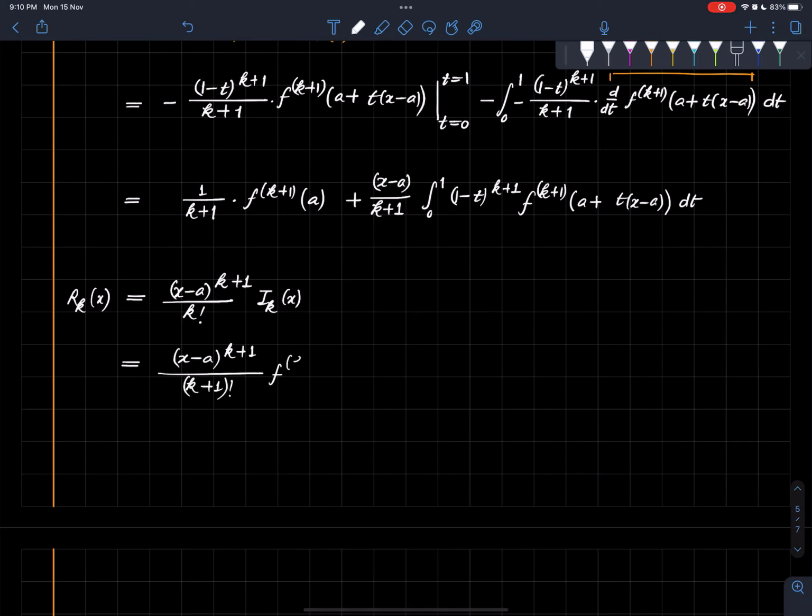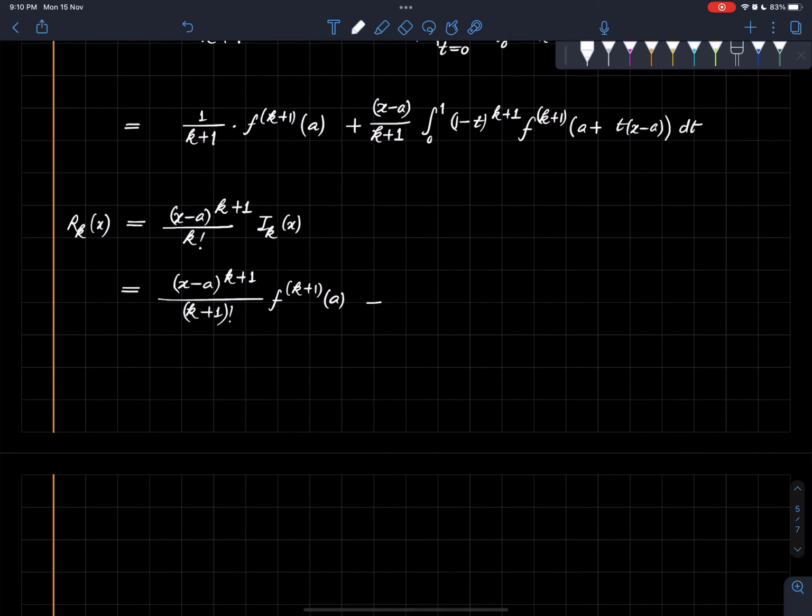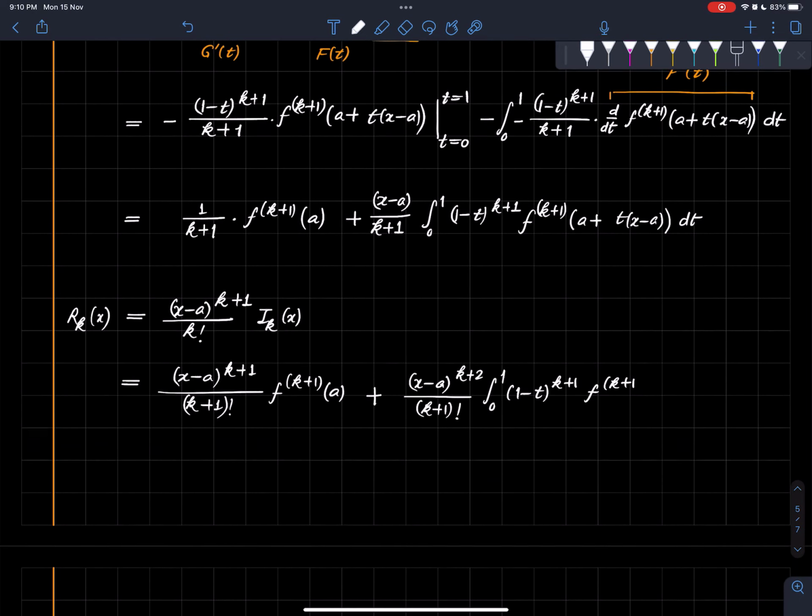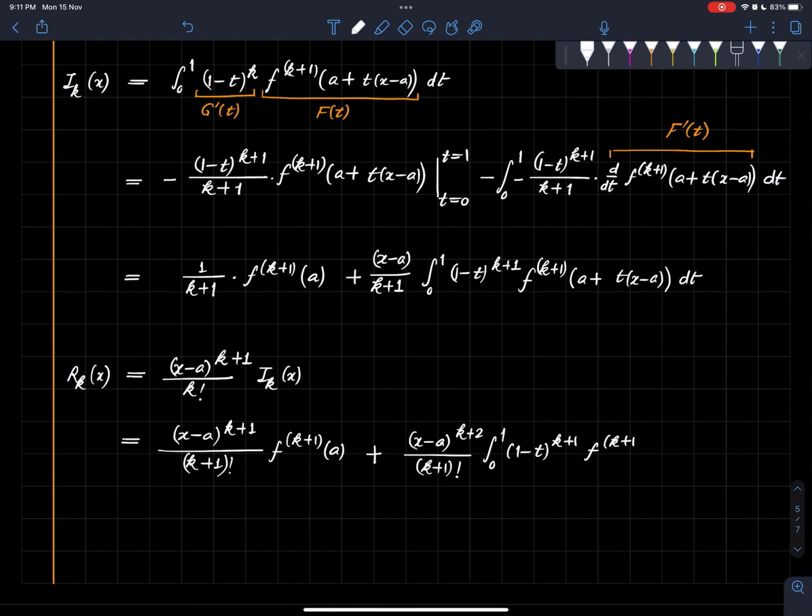times the (k+1)th derivative of f at a, plus this thing gets hit by that to give us (x minus a) to the power k plus 2 upon k plus 1 factorial, integral 0 to 1 of (1 minus t)^(k+1), this should be again, so yeah, this is a 2, sorry about that.